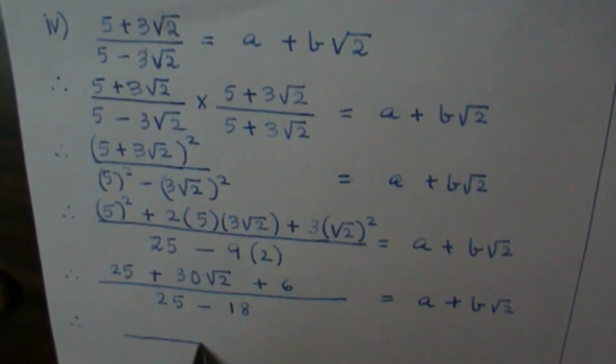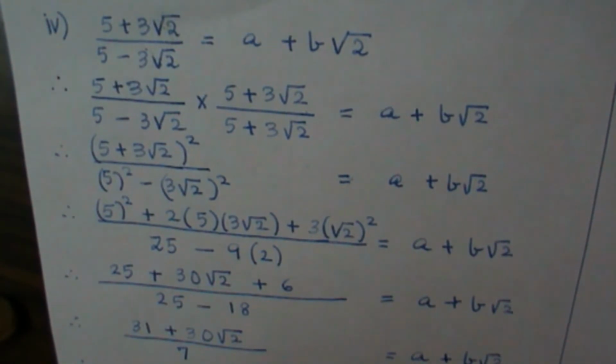Therefore, out here you will have 25 plus 6, which is 31, plus 30√2 upon 25 minus 18, which is 7, and that will be a + b√2.